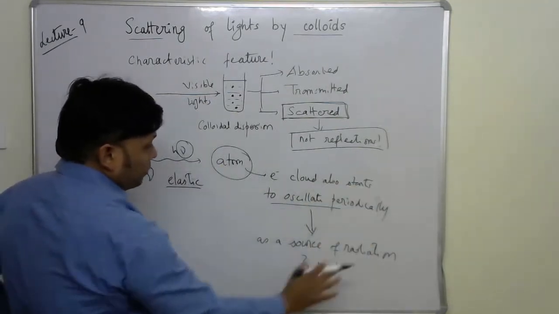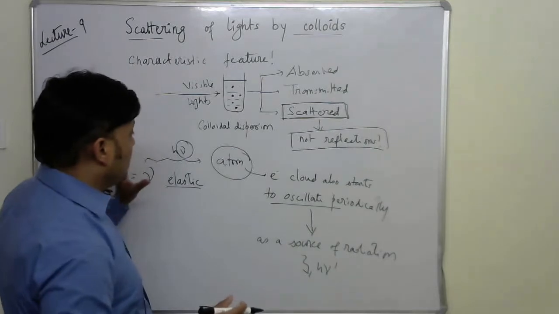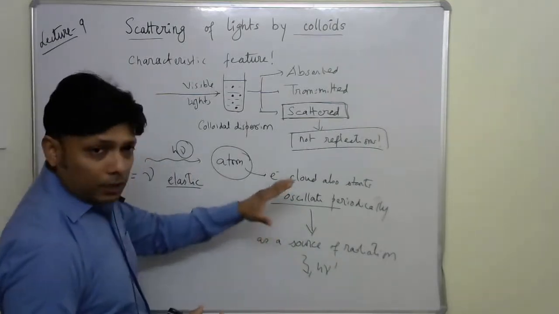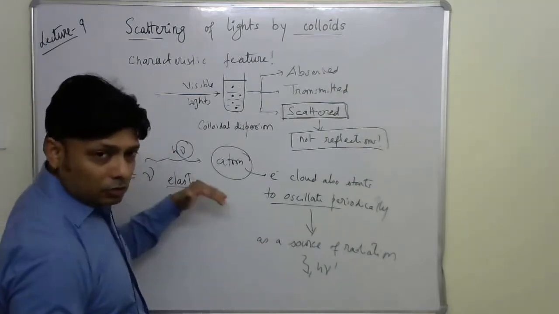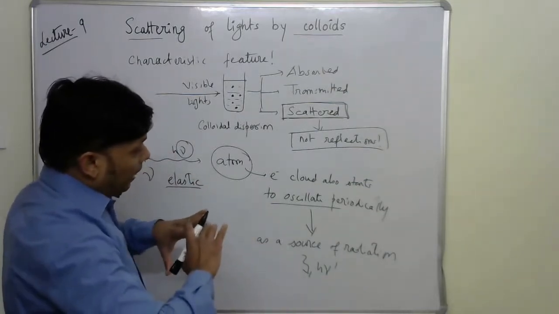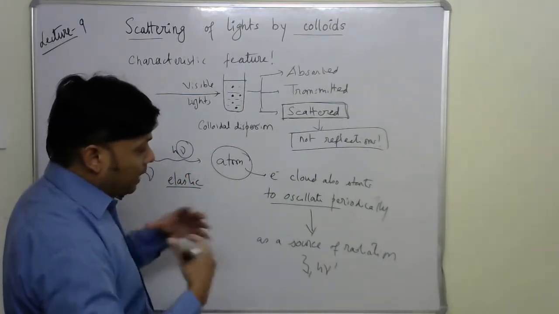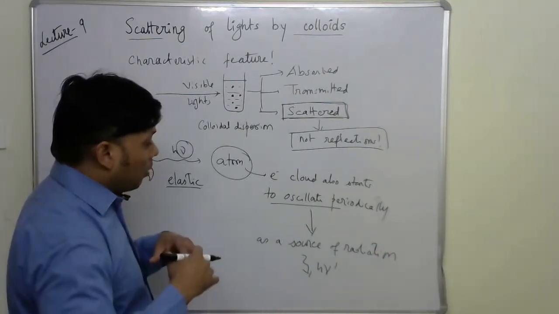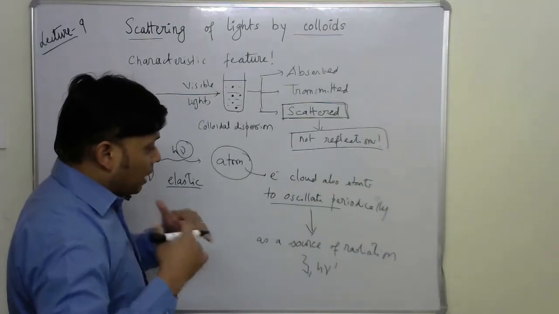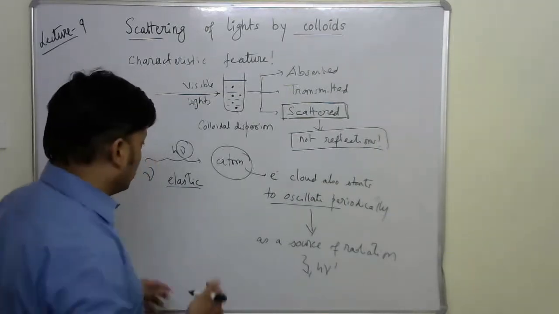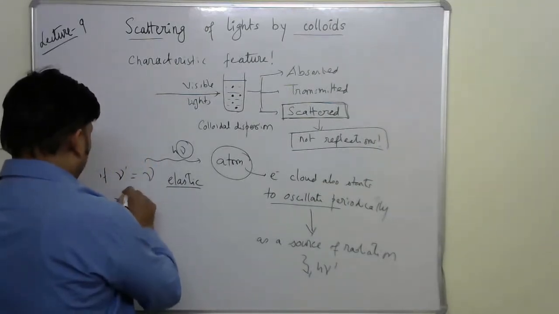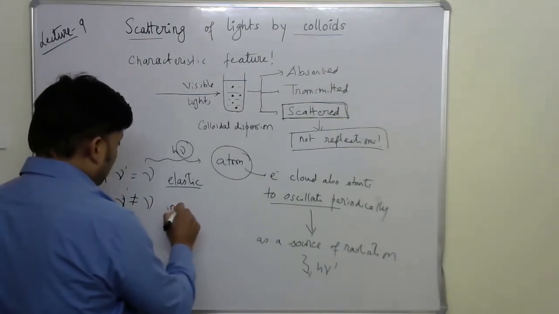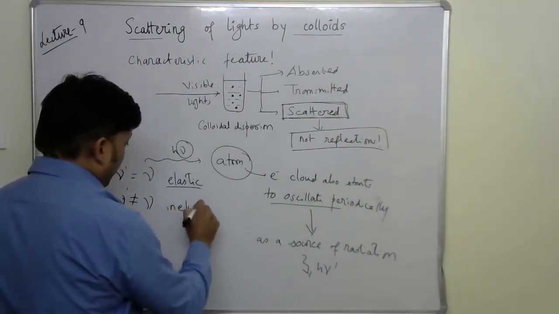So the entire process is basically scattering: there will be a periodic oscillation of the electron cloud due to an incident electromagnetic radiation, and the atom itself would behave as an oscillator, a source of new radiation. And if nu prime is not equal to nu, then we call this inelastic scattering.